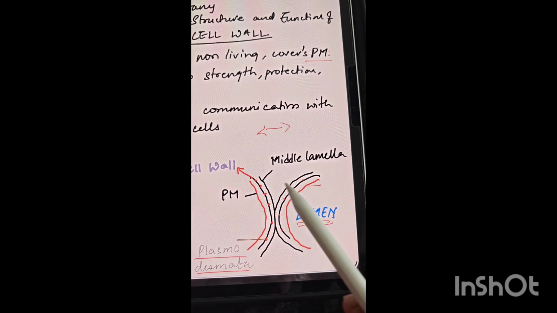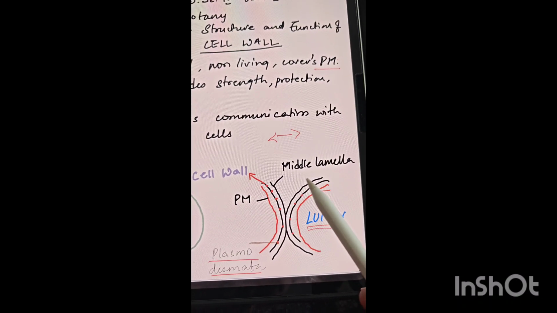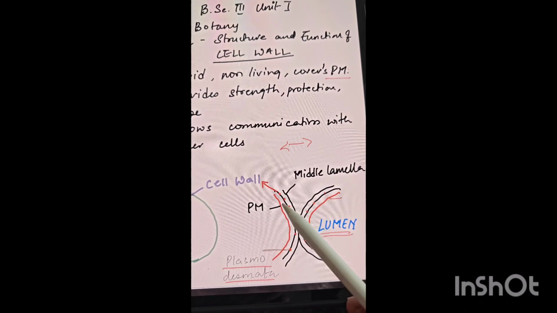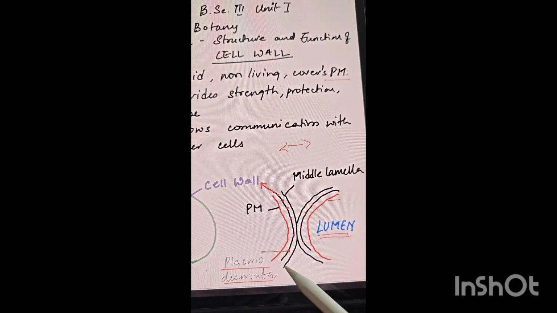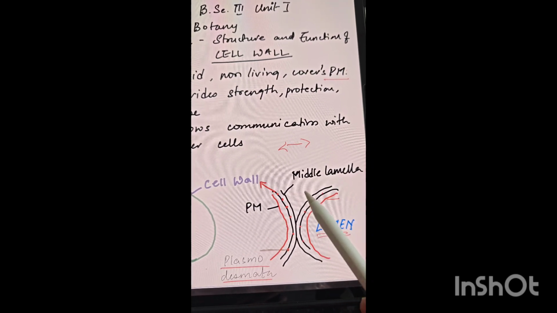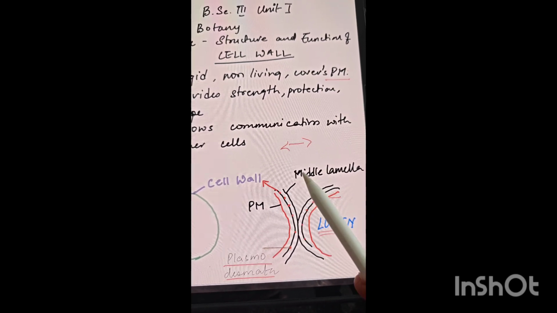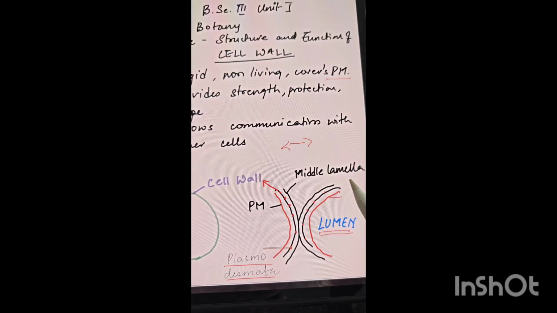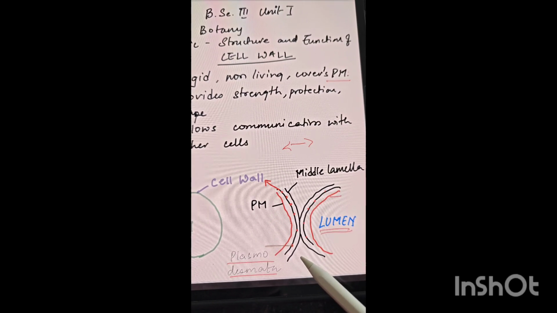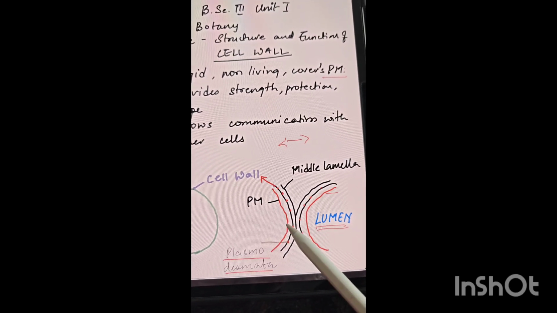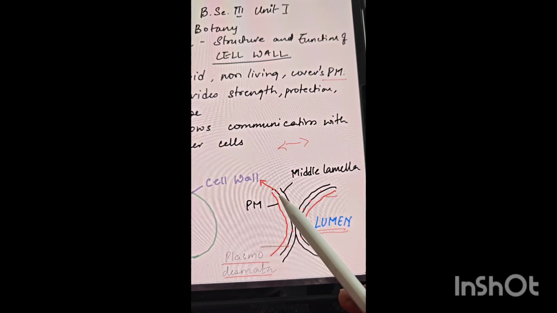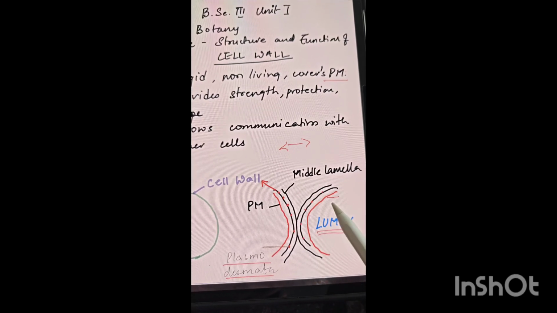So we will dive into how the structure of the cell wall is. Before the cell wall, there is one more layer which separates the two neighboring cells, called the middle lamella. It also provides a kind of protection to the two neighboring cells, and inside it there is the cell wall.